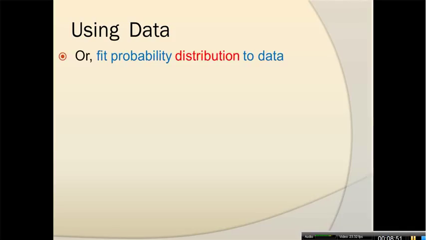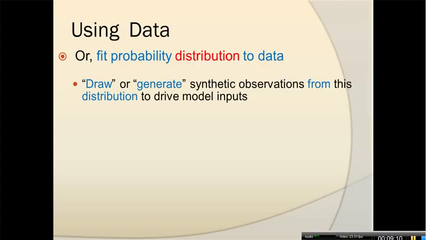So another approach to using the data, instead of reading the observed data in your model, is to fit a probability distribution to the data to determine what probability distribution likely generated the data. Then you can generate synthetic observations from this distribution to use in your simulation model.